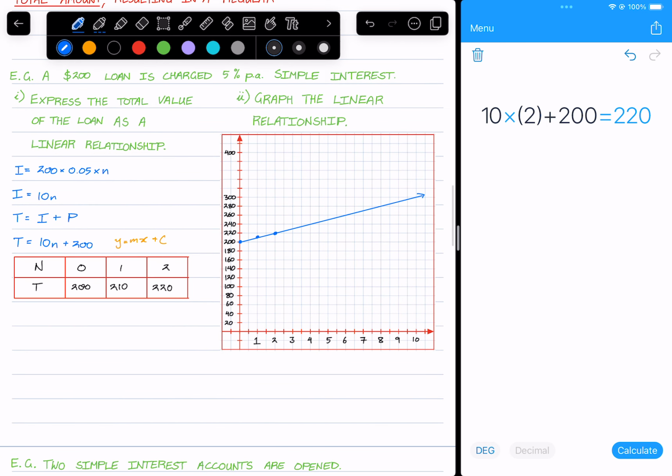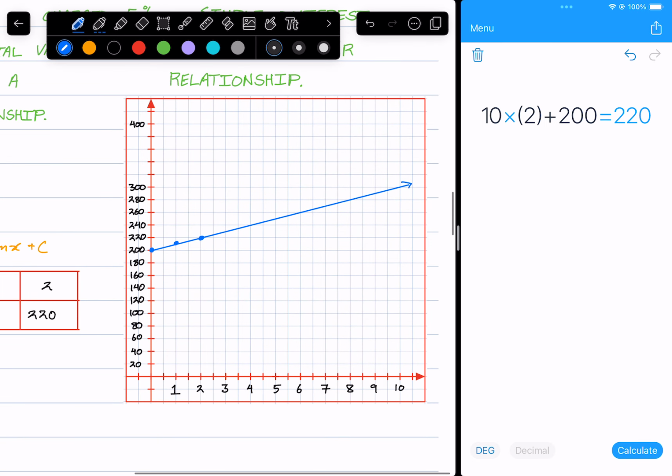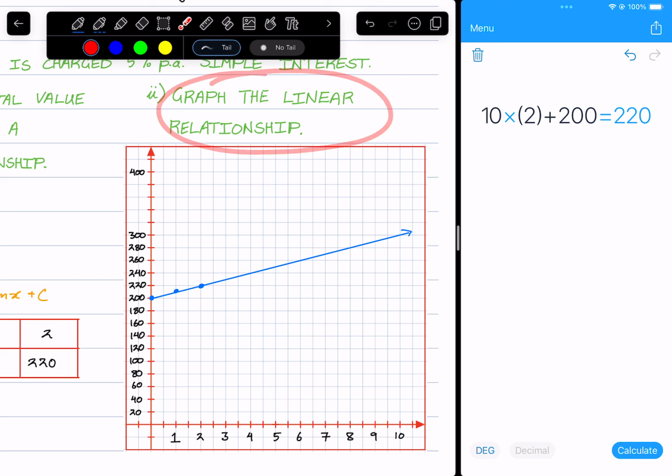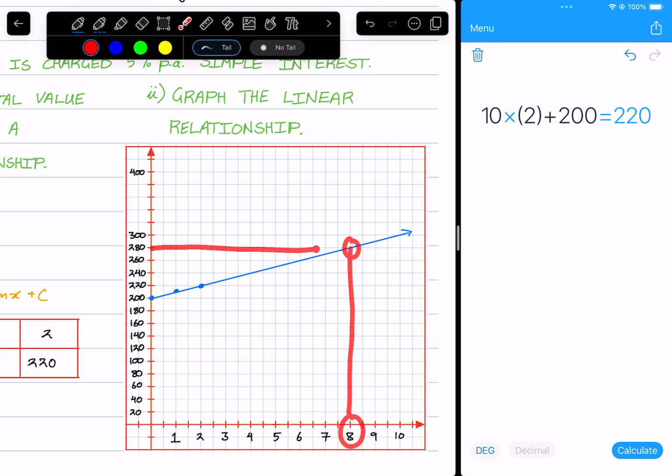Now from here, we could just find whatever value we'd like. So for example, if it's asking us for the total amount at, say, 8 years, we can find 8 years. Here at 8 years, we can see that the total value of the loan is 280.